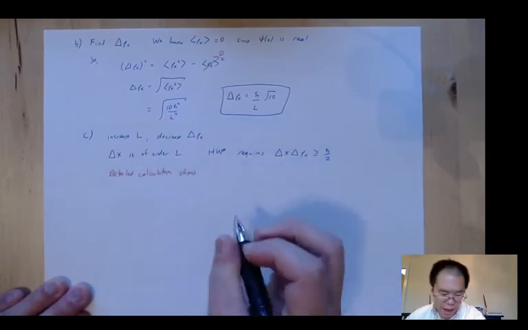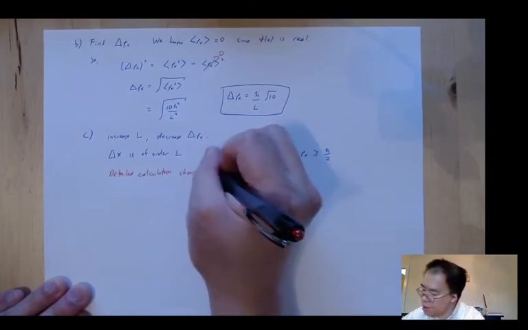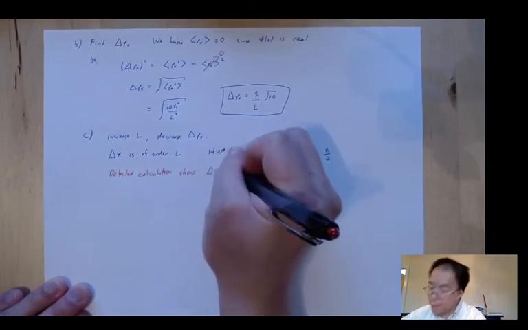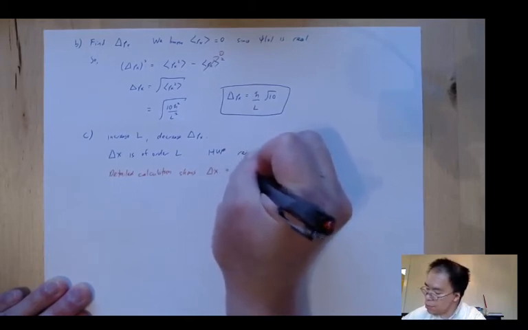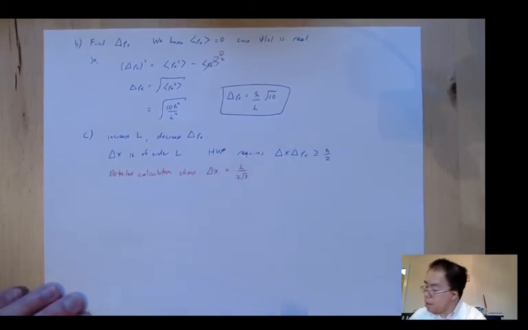Now, what I didn't ask you to do, but a detailed calculation shows that the uncertainty in x in this case happens to be L over 2 root 7.